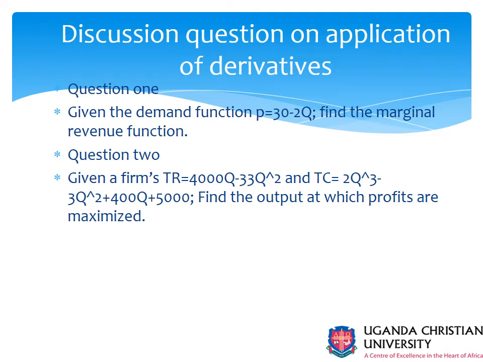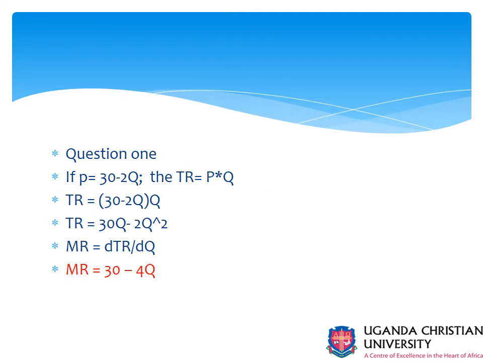So let's begin with the first question. Now question 1 was requiring us to find the marginal revenue function, and if we have the price, how do we get the total revenue? Total revenue is price times quantity. Now we already have the price, so we multiply the price times the quantity, and that gives us 30Q minus 2Q squared.